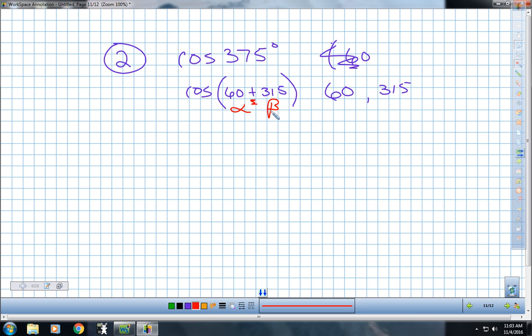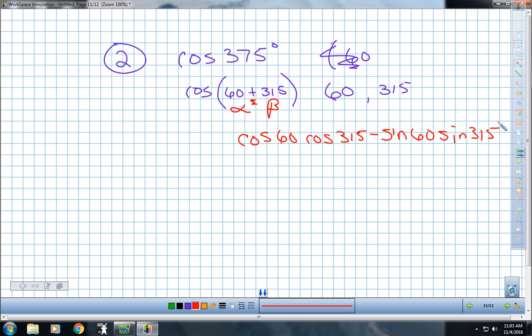So really all I do right now is I just plug it in. So cosine sum is going to be cosine 60, cosine 315, minus the sine of 60 and the sine of 315. Does that make sense to every single one among you?